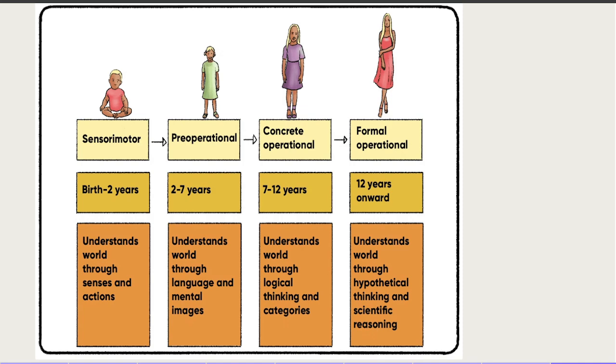Concrete operational understands the world through logical thinking and categories. Then formal operational understands the world through hypothetical thinking and scientific reasoning. All these things are important when you discuss Piaget's theory. So this is all about Jean Piaget's theory.